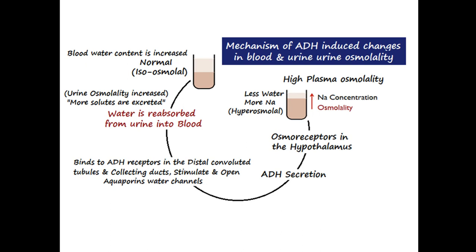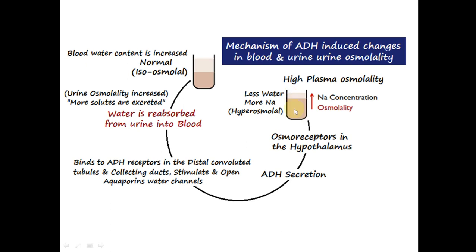Now, the mechanism here is that suppose the blood is hyperosmolar. By that we mean that the solute concentration, which is mainly made of sodium, glucose and other solutes, is more than the water content, and the blood is hyperosmolar.